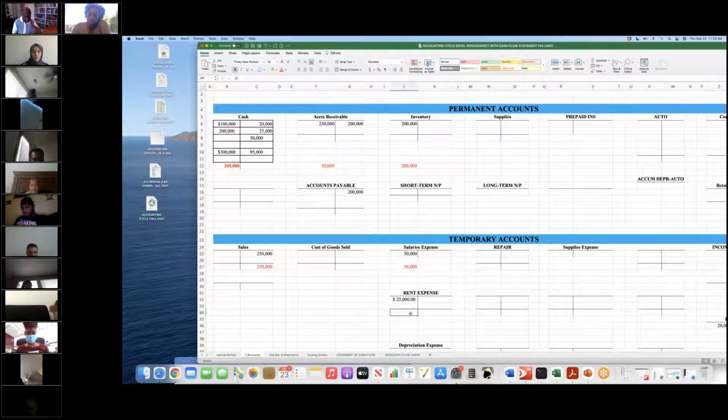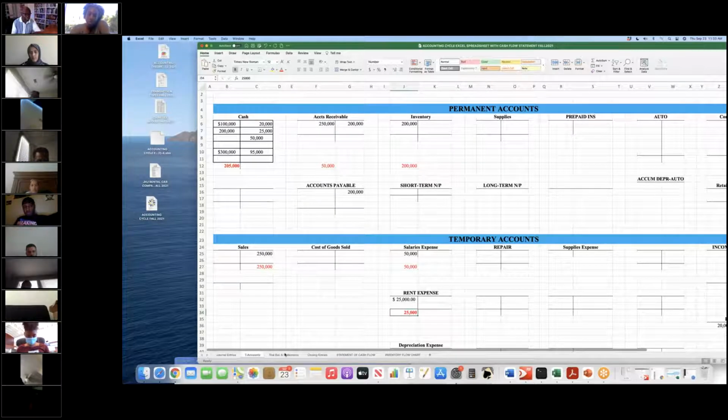Rent expense, 25,000. So now we have the items that are going to go on the trial balance.